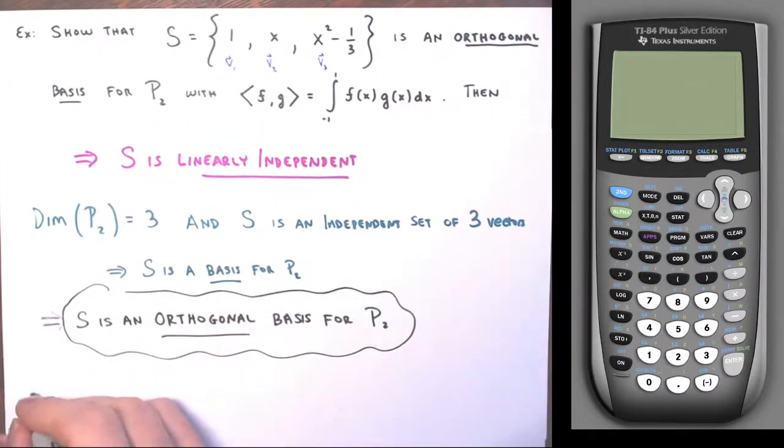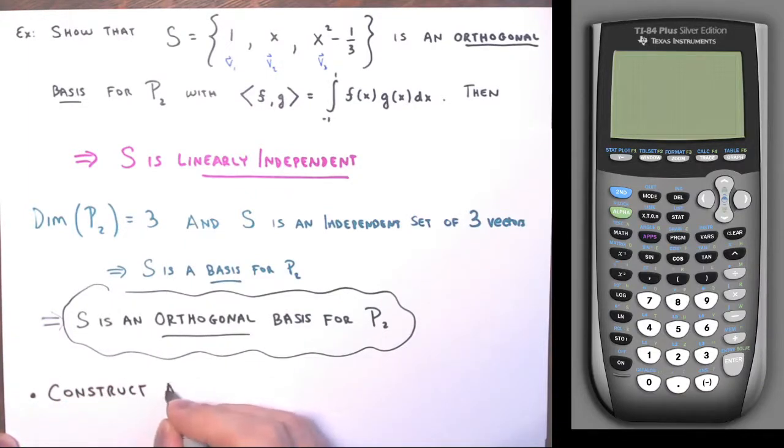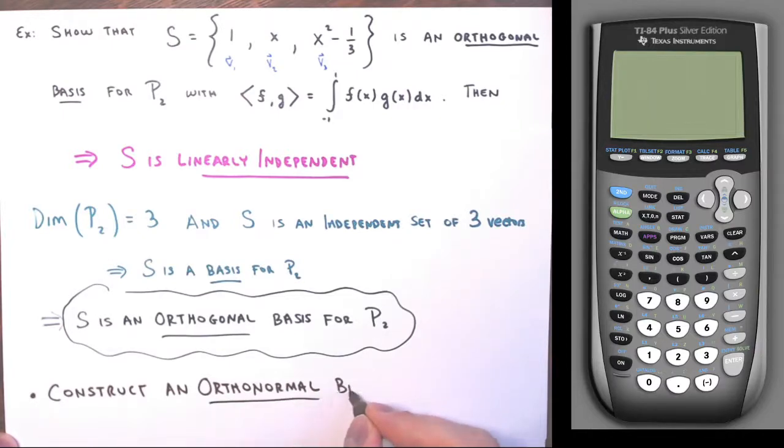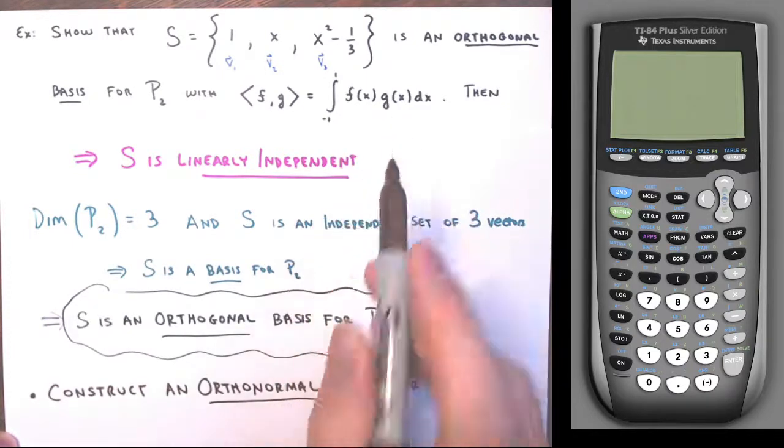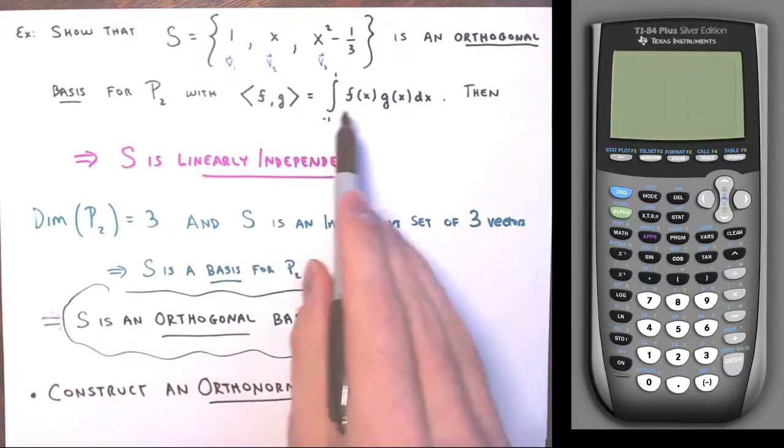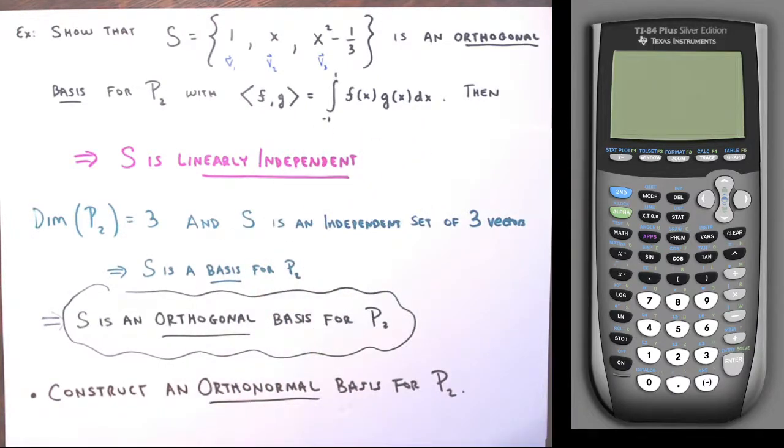Now let's construct an orthonormal basis for P2 under this inner product. Again, if I don't mention the inner product, it's under the inner product that was stated earlier.